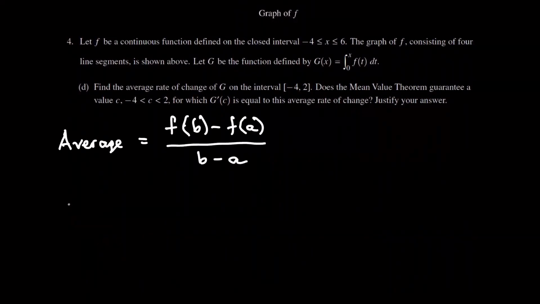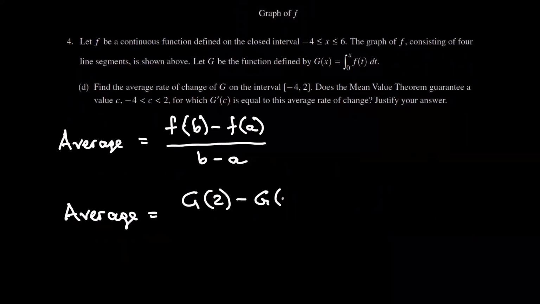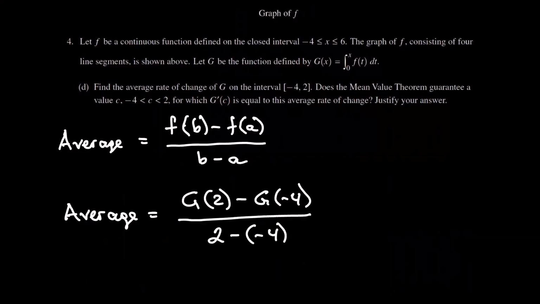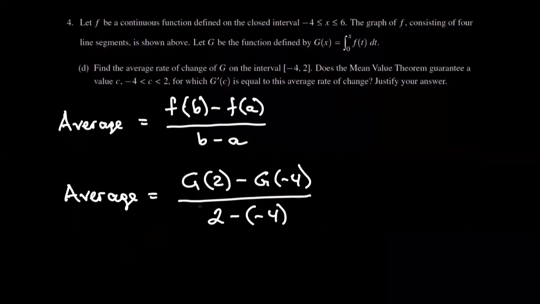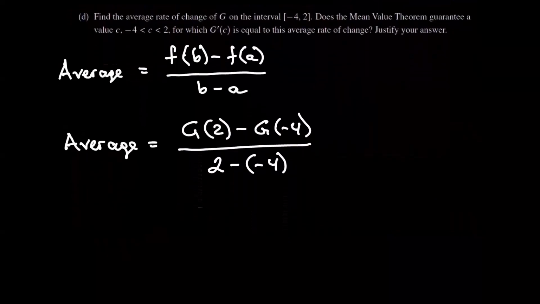So in our case, the average rate of change is equal to G of 2 minus G of negative 4 divided by 2 minus negative 4. And so let's see what G is equal to at these points.